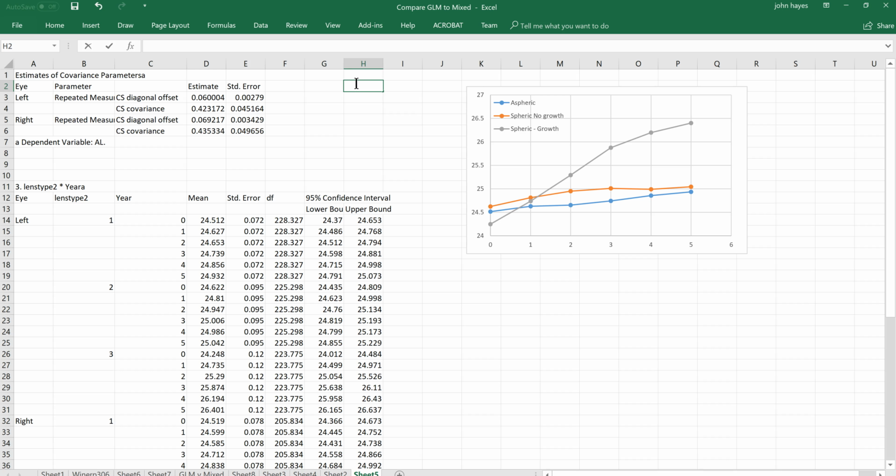What we do is we're going to take this value plus this value, and we're going to multiply that second one times the number of years, which is 6. And that gives you the sums of squares.